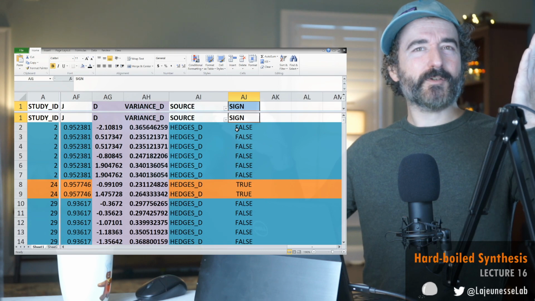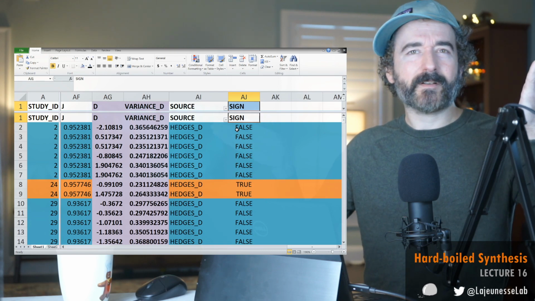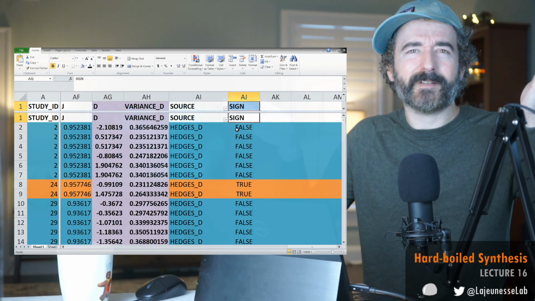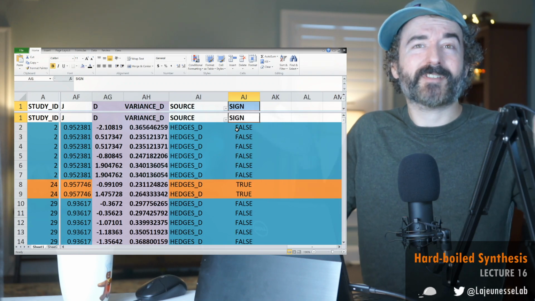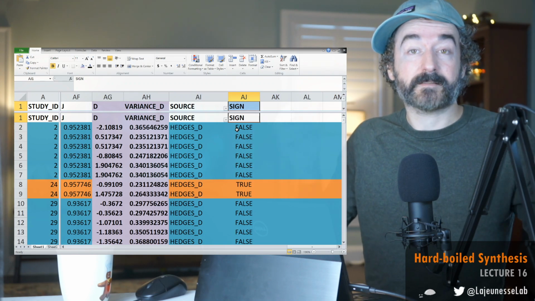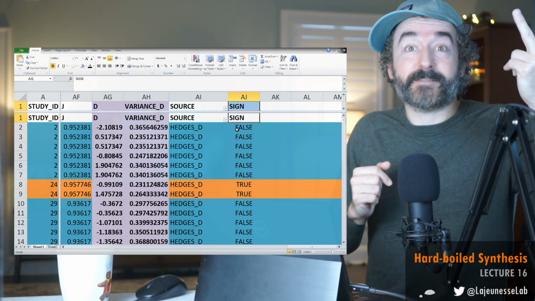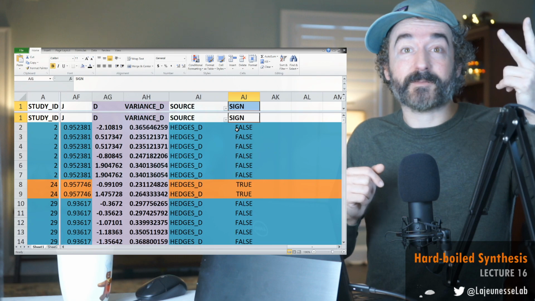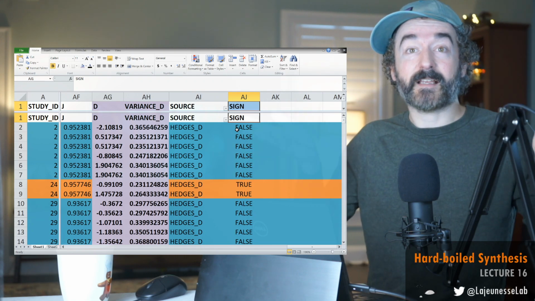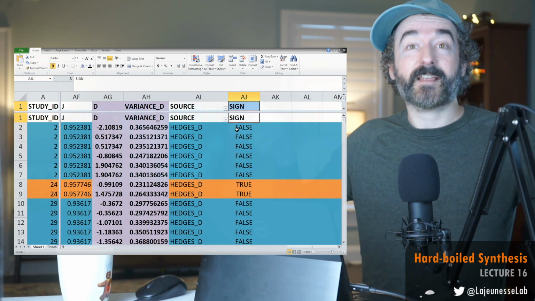But you need to convert things into a common currency. Everything has to be reported in terms of a mortality effect or a repellency effect. So a study may report number attracted as opposed to number repelled. It's the opposite thing, and so you need to change the sign of the effect to account for these different reporting practices.